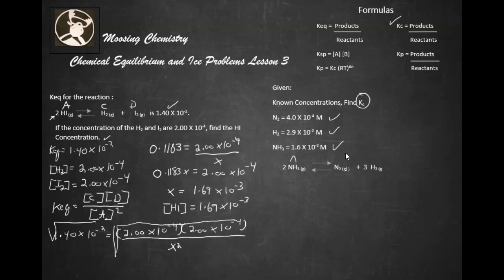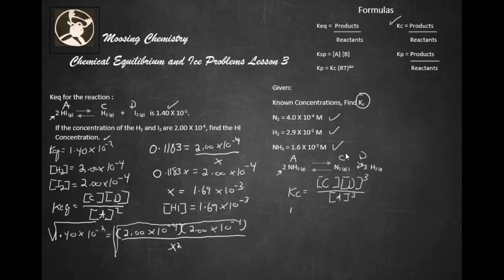So this is A, this is going to be C, this is going to be D. So Kc equals products, which would be C times D cubed, because of this 3 right here, over A squared, because of this 2 right here. All we have to do now is put in the values and do the mathematical magic.